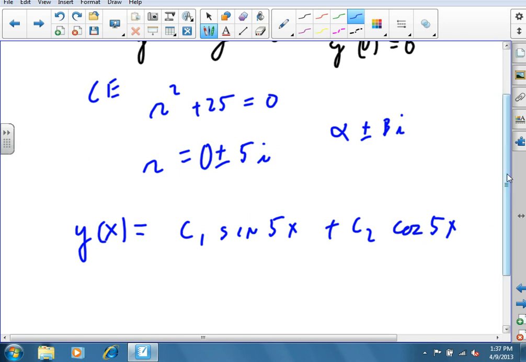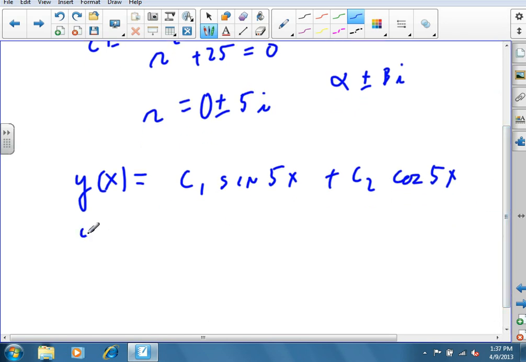And now we're going to apply our initial conditions. y at 0 is 2, which is equal to the cosine of 0, which is 1, times c2, so that implies that c2 is equal to 2.